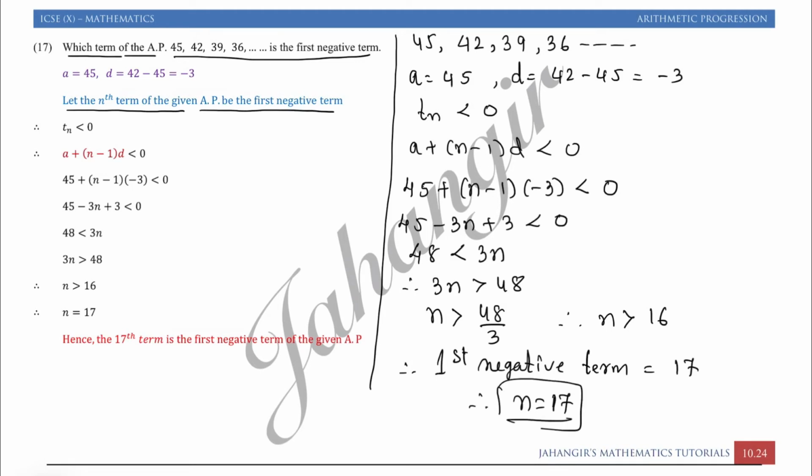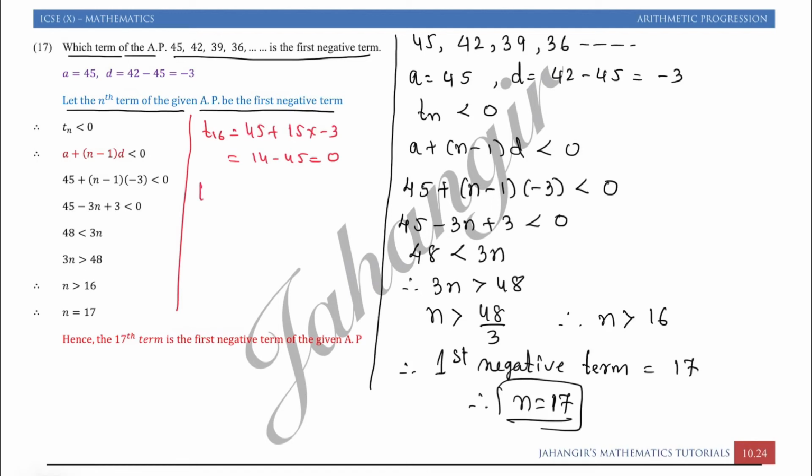See, here we can do some verification for your satisfaction. If I am taking T16, what I am getting is A, 45, plus (n minus 1), that is 16 minus 1, that is 15, into minus 3. 15 into 3 is 45, so 45 minus 45 is 0. Here the 16th term is 0. 0 is considered neither positive nor negative.